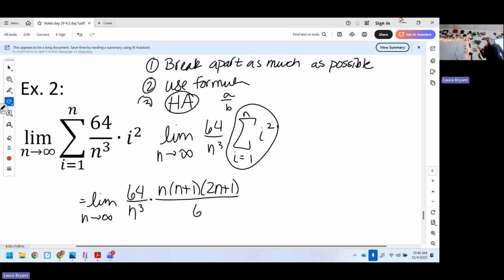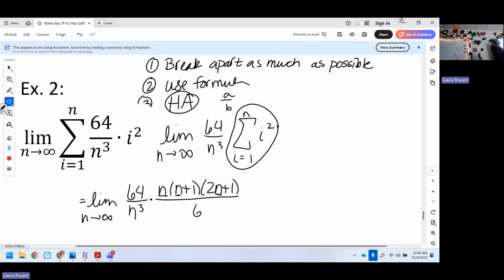And then here's where you get to choose how much work you want to do. The choice is yours as long as you can get to an accurate answer. Like I said, I like to do 0 work, which is to just look at my n's. I see 3 n's on the top, so I've got n cubed on the top and n cubed on the bottom.